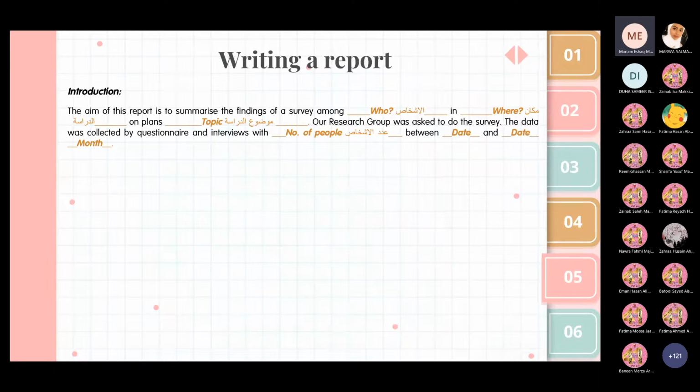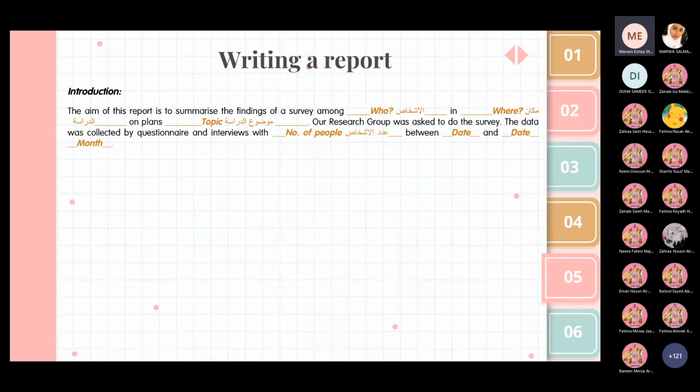So we are going to talk in SAR on plans of building a shelter for stray dogs, because stray dogs are out there in the streets and they need a shelter. So this is the plan or the situation or project. Excellent. Our research group was asked to do a survey.